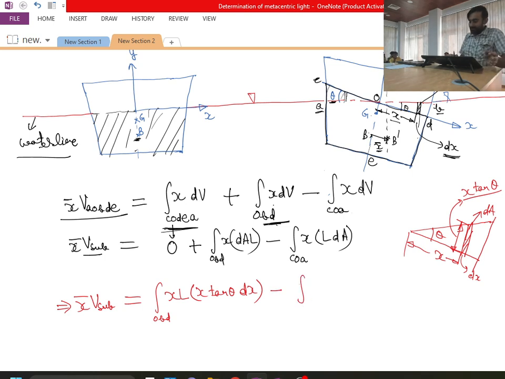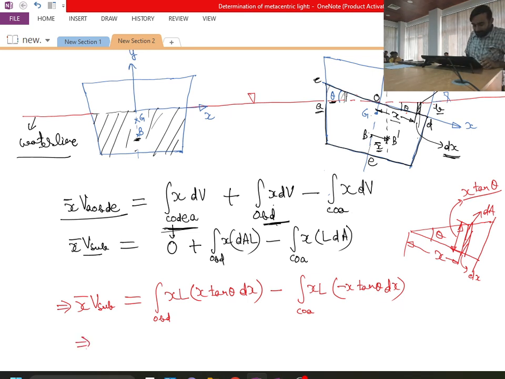Minus integral over COA x L into, now in the opposite direction I have to go. So in the opposite direction my vertical distance will become minus x tan theta. Understood? Because in the opposite direction I am going below the x axis, so it will be minus x tan theta times dx. Is it clear?